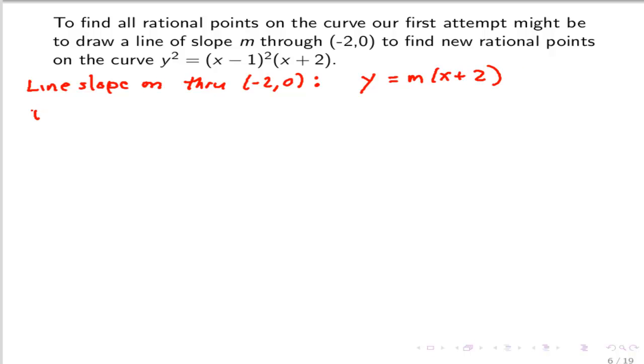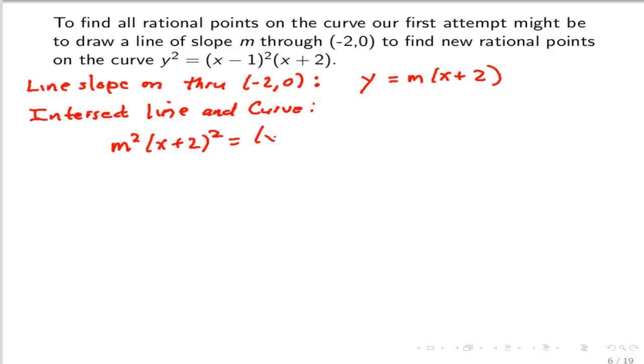And so let's intersect the line and the cubic curve. So I just insert this value of y into the left-hand side, and I've got m squared x plus 2 squared is x minus 1 squared x plus 2.